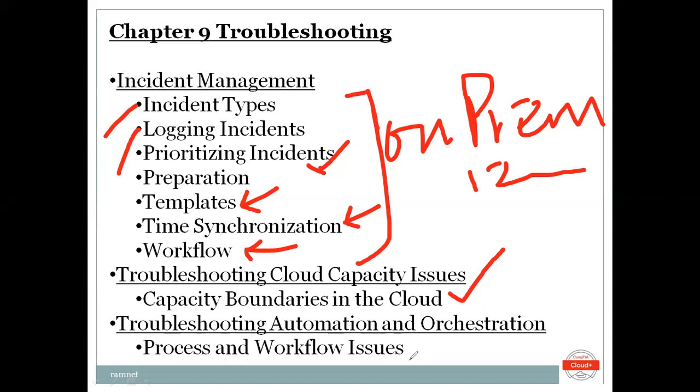And troubleshooting the automation and orchestration, process and workflow issues. Orchestration is nothing but installing things in a group of things, we just orchestrate all these things. Automation is for the routine activities as well as the changes, whichever are performed on this, we will go for automation. Ansible is mostly preferred, even for Windows as well as Linux box automations, as well as network automations.